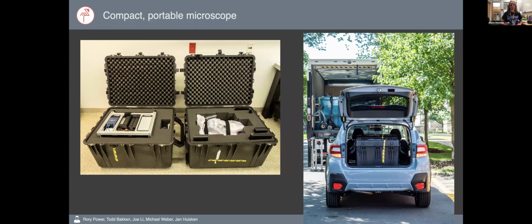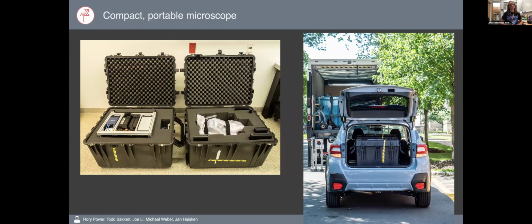And the cool thing also, because of the modularity, you could, for example, have multiple flamingos, let's say 3 different flamingos in 3 different configurations, but just one electronics box, right? And you could move the electronics box from one flamingo to another. Of course, you can only use one at a time, but the electronics, like the laser, the stages, and the camera, those are the most expensive parts.